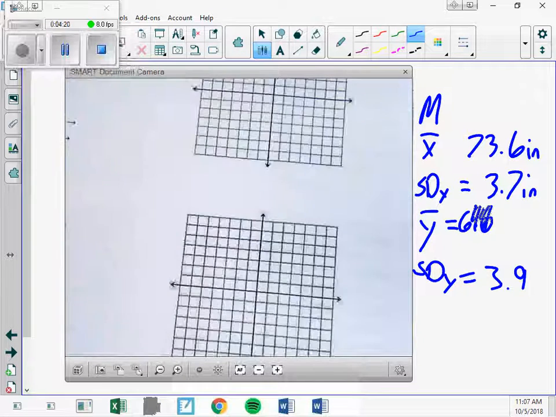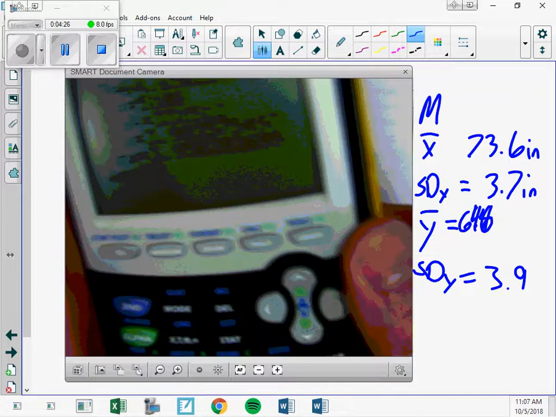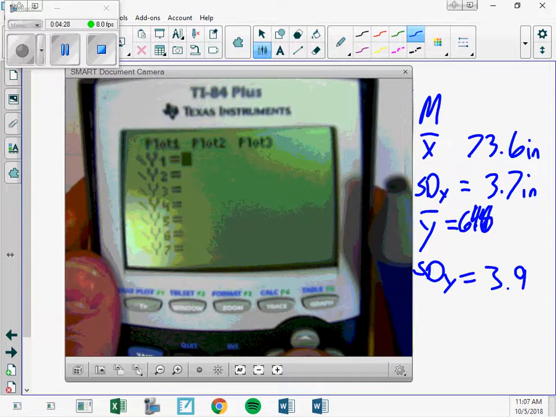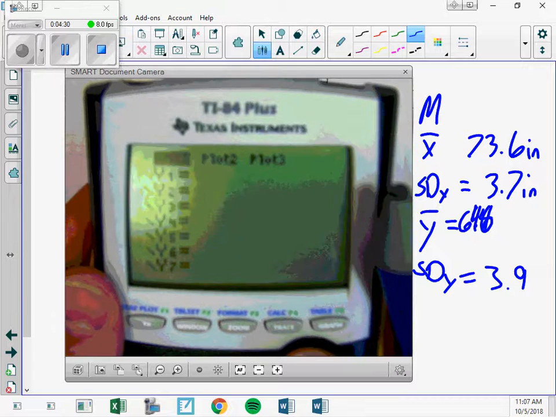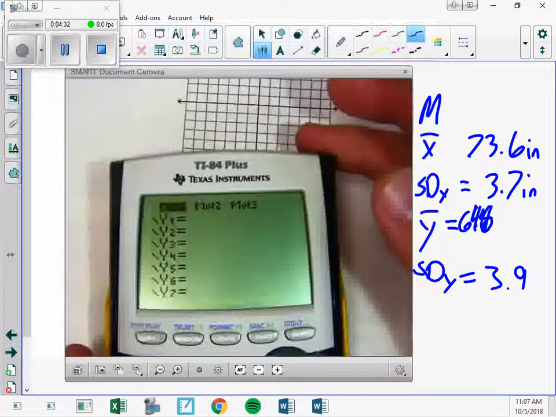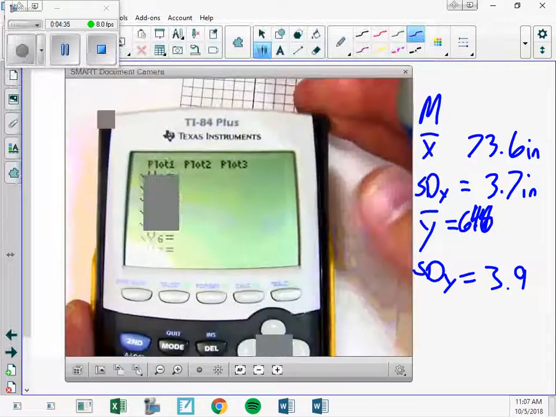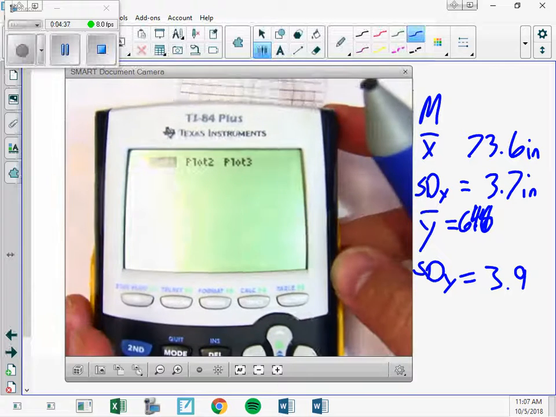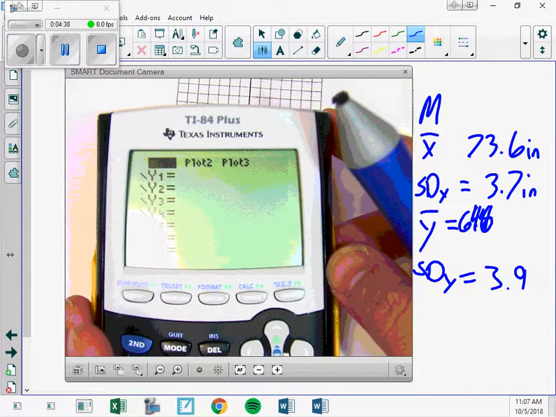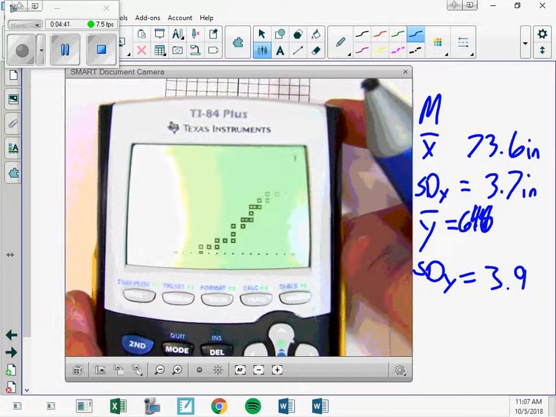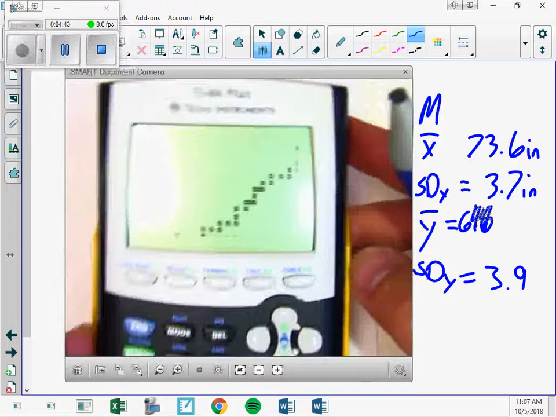Okay, so now that we have those, go into your Y equals and turn your plot 1 on. So go to plot 1 and hit enter. And we already changed our windows. So if I push graph, I should see the scatter plot.